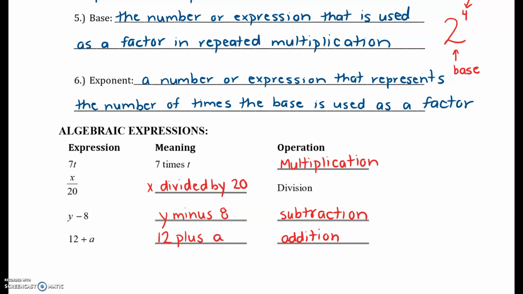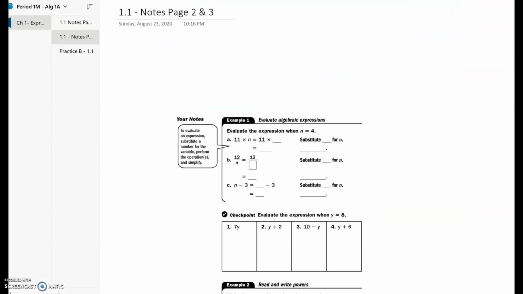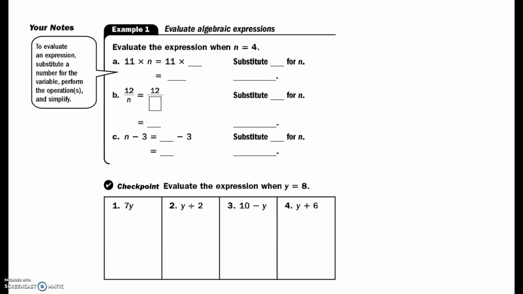So as you flip the page and you look at evaluating expressions, you'll notice over here on the side it says to evaluate an expression, substitute a number for the variable and perform the operations, then simplify. As we look at this first one, it says evaluate the expression when n equals 4.